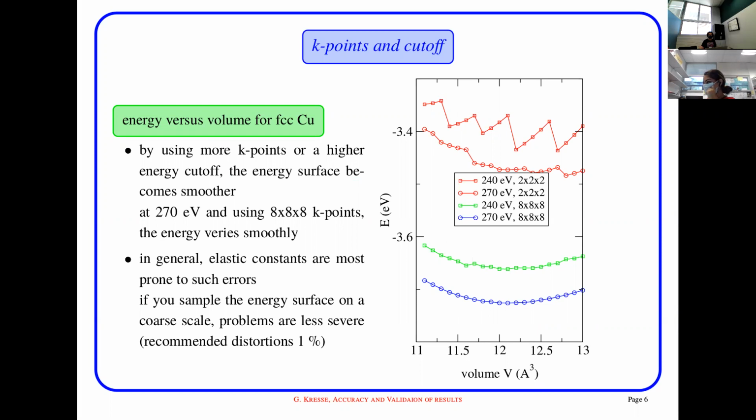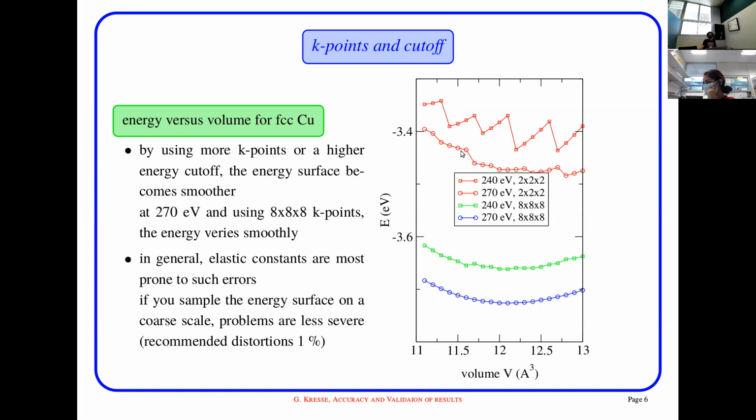You can see it here: this calculation is done at 240 electron volt, and this one at 270 electron volt energy cutoff, and 270 is lower in energy. That's the reason why you need to use, for instance, 270, because then the energy is better.